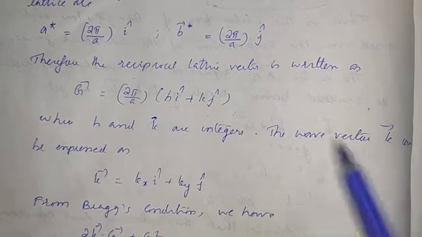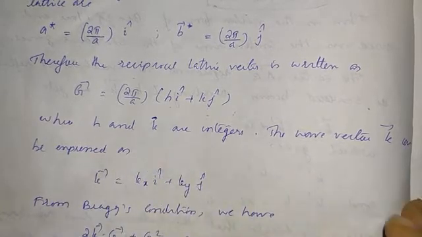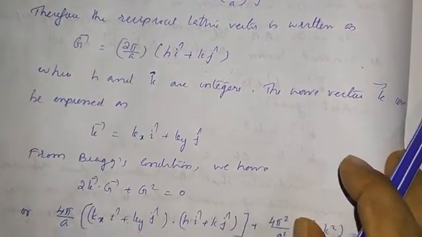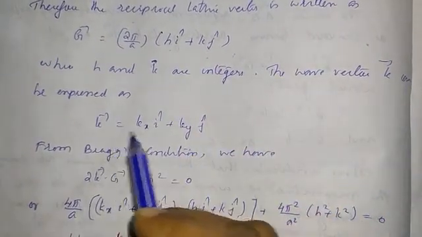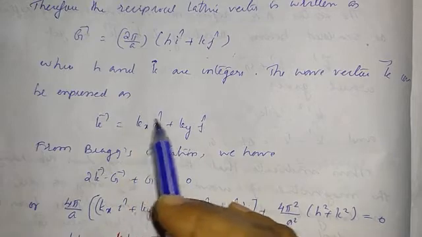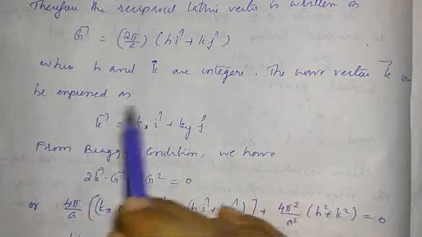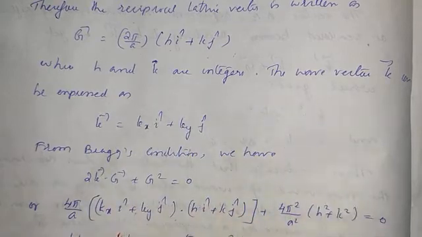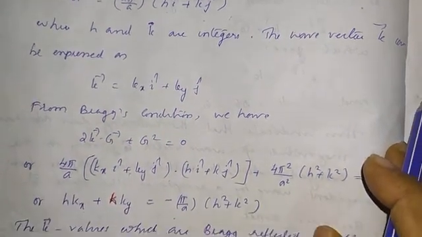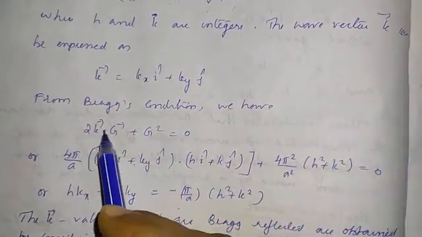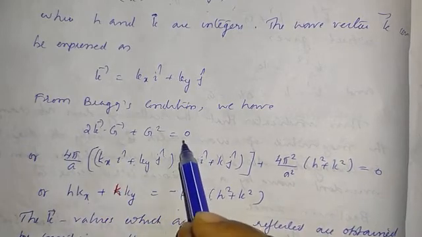The wave vector k is usually represented by k = kx i cap + ky j cap, since this is in the xy plane. The Bragg condition is given by 2 k dot G + G square = 0.